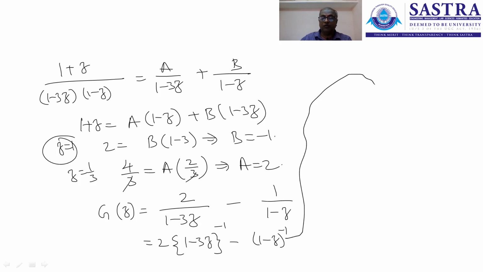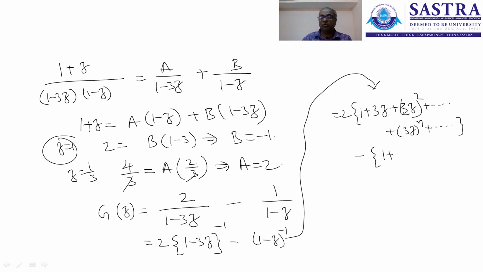From this I will have 2 into 1 plus 3z plus 3z whole square plus so on plus 3z whole power n plus so on, minus 1 plus z plus z square plus so on plus z power n plus so on. So the coefficient of z power n would be 2 into 3 power n minus 1 power n, which is 2 into 3 power n minus 1.